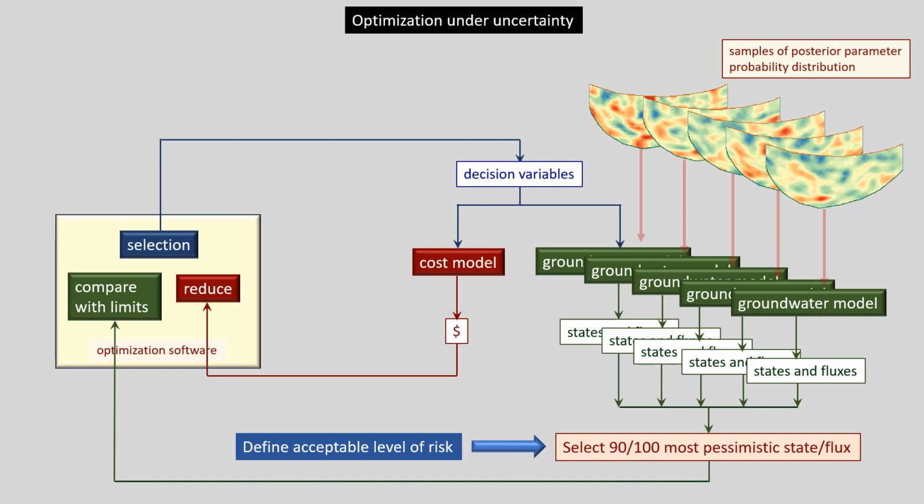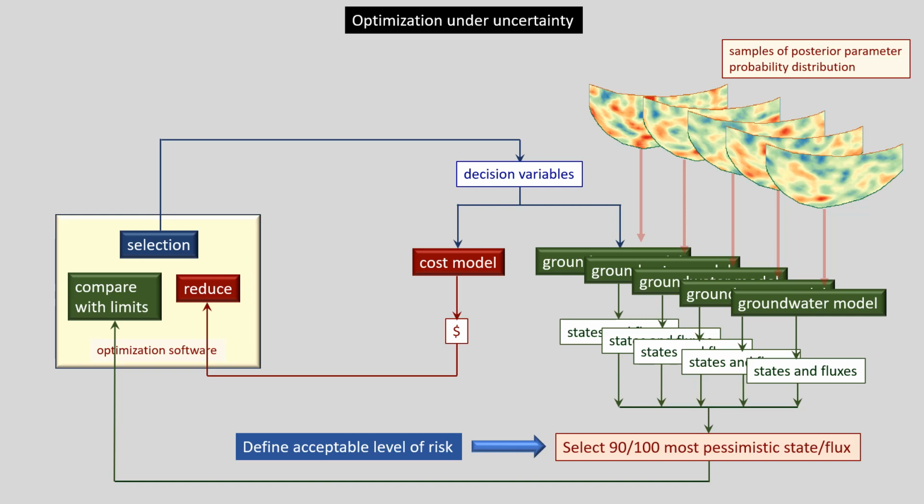So the task of the optimizer then is to minimize cost and respect this constraint as defined probabilistically in this way. Of course, respecting constraints defined in this way is going to be a more costly exercise, but if I want to be sure that management won't fail, then that's the cost I have to pay.